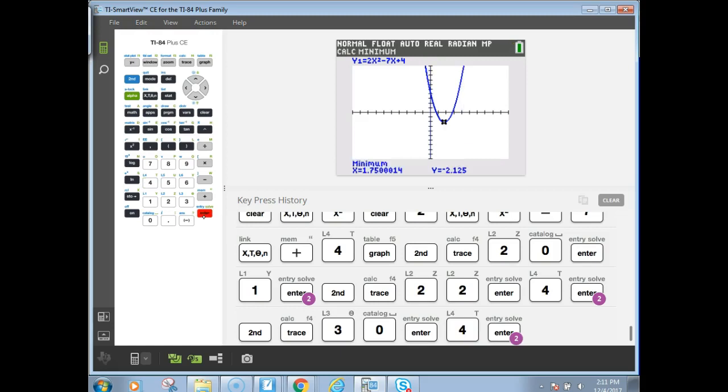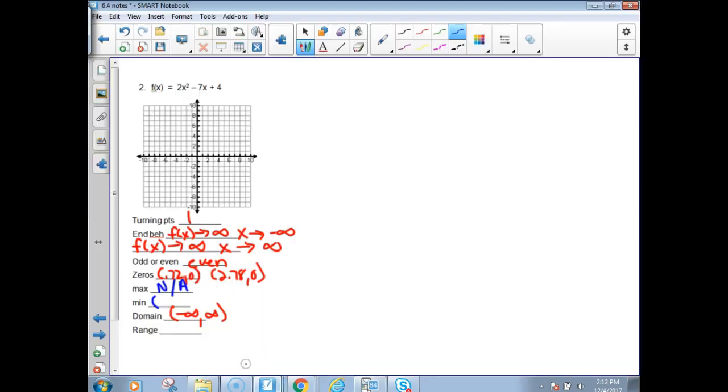You can use different ones as long as they give you the right solution. 1.75, negative 2.125. Now, it did say to go to the nearest hundredth, so we could have done negative 2.13.